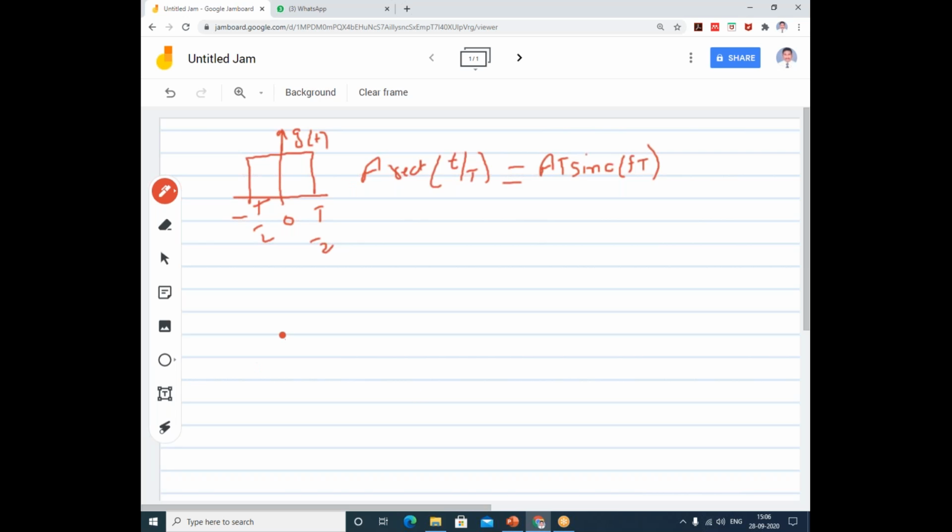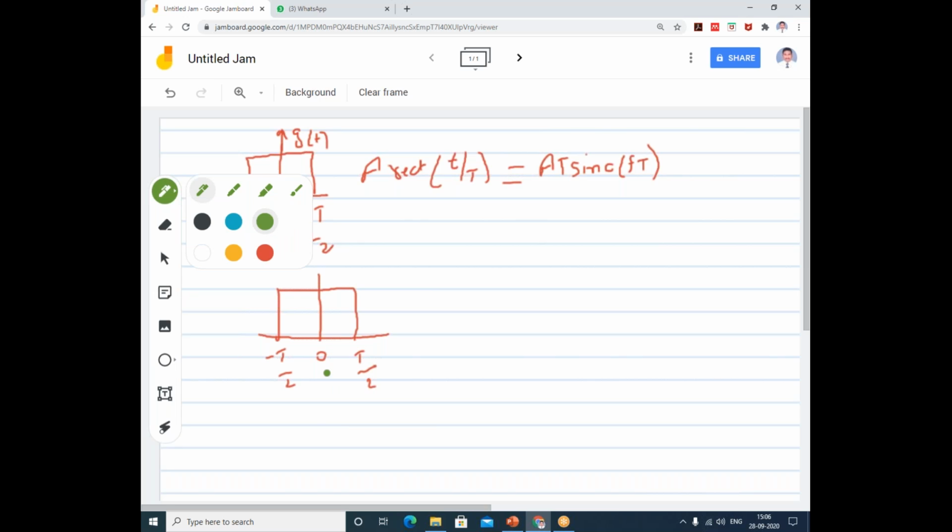Now I have a waveform. My actual waveform is like this, and I know its Fourier transform, which is A T sinc fT. Now my new waveform is this one.